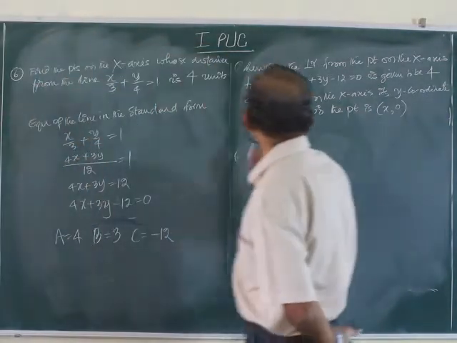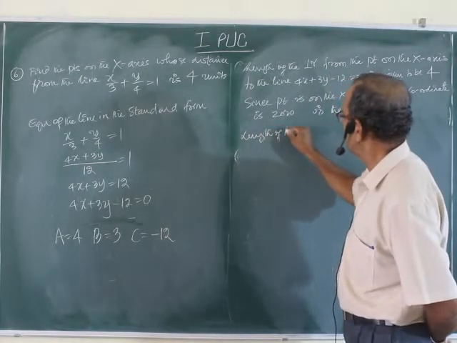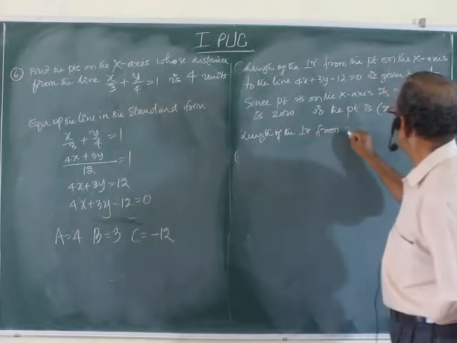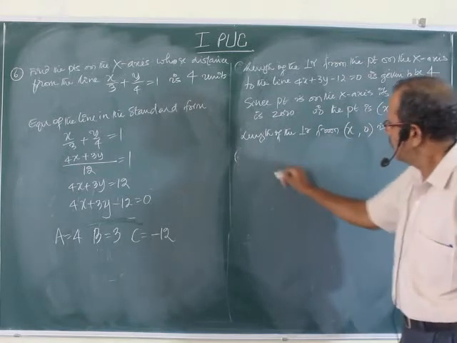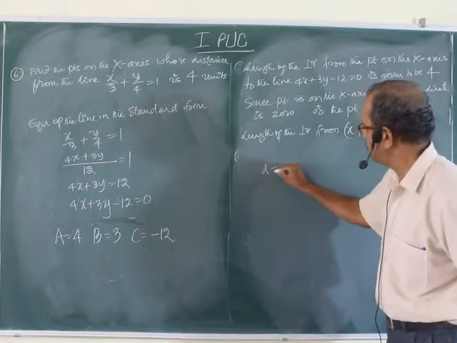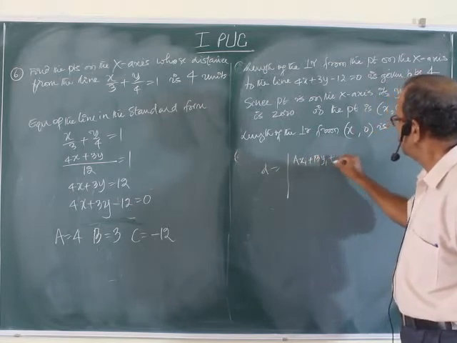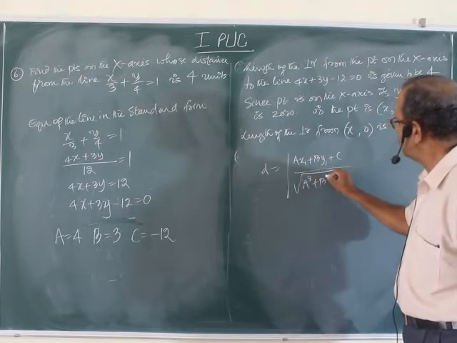Now find the length of the perpendicular from x, 0, calculated. D equal to AX1 plus BY1 plus C by root of A square plus B square.